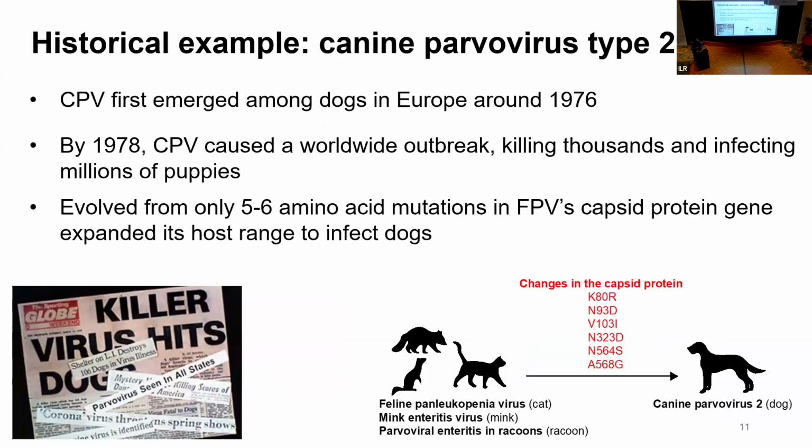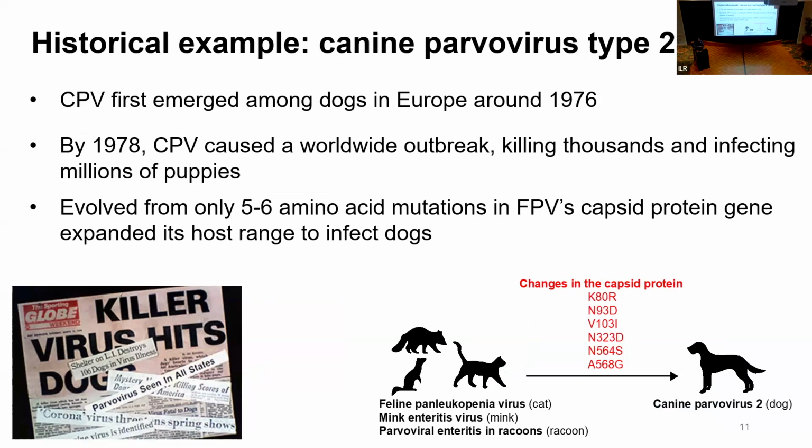As shown here by the historical example, if anyone remembers puppy parvovirus, or canine parvovirus type 2. This first emerged around dogs in Europe around 1976, and this caused a really wide outbreak, with many puppies dying from gastroenteritis and other similar symptoms. And what was really cool is that it wasn't essentially a completely new virus.